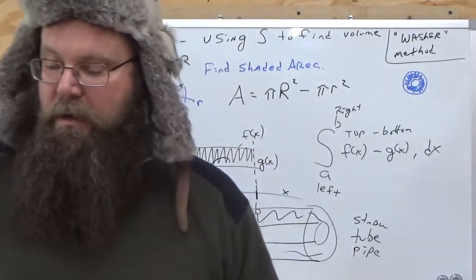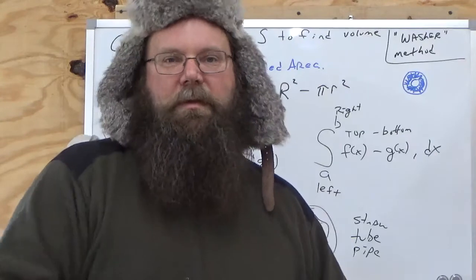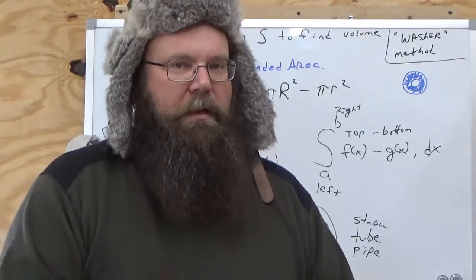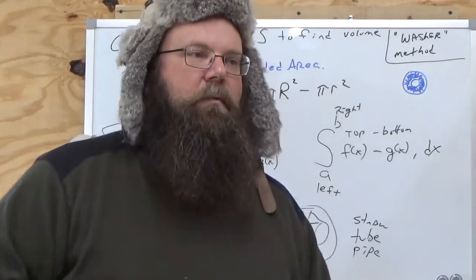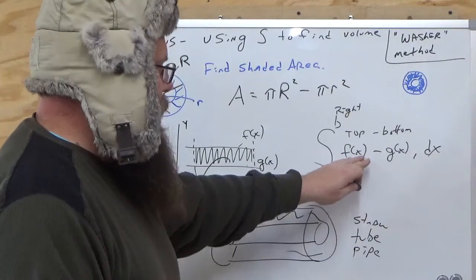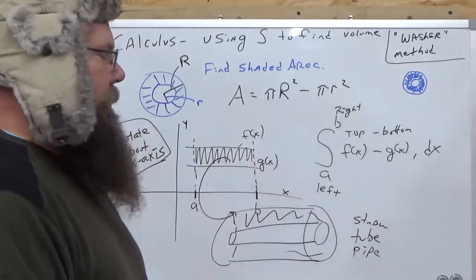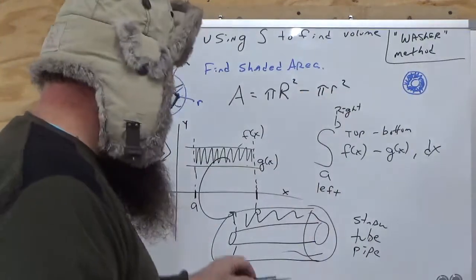You probably learned that in 5th or 6th grade, plus we did it in geometry class. You probably did it in 7th and 8th grade too. So we have to add something for the volume. So here's our formula. That's going to form the basis. We're going to use this formula along with this, and we're going to extract a formula for the washer method.